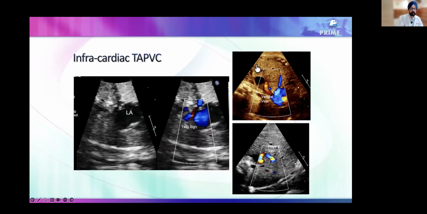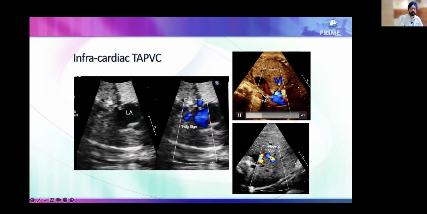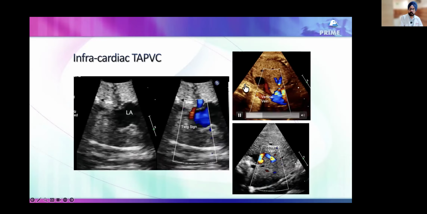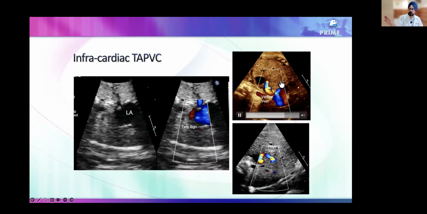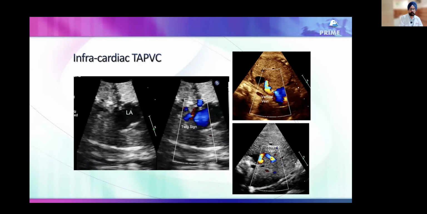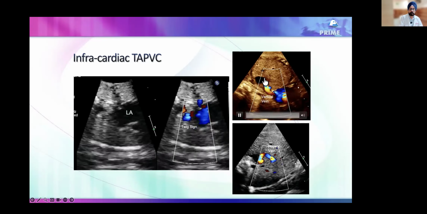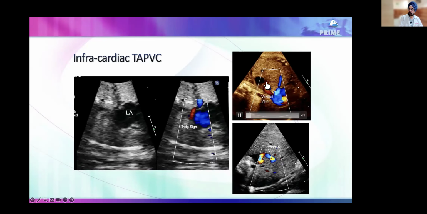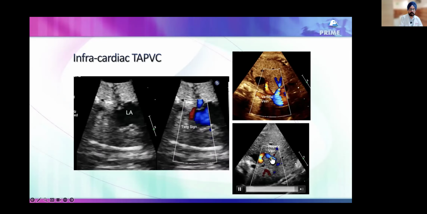Right. So once you see that, then you look: this is the aorta, and this is the venous flow which is supposed to go toward the heart. The venous flow going away from the heart is abnormal. It is going away from the heart. And that venous flow was opening into one of the hepatic veins.